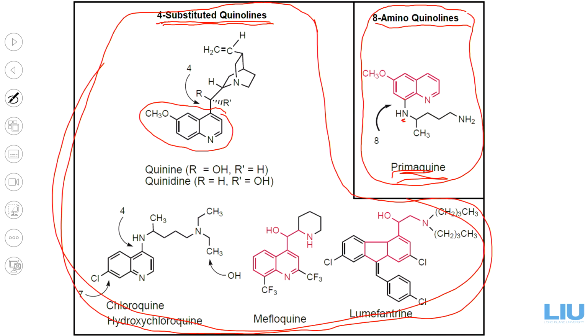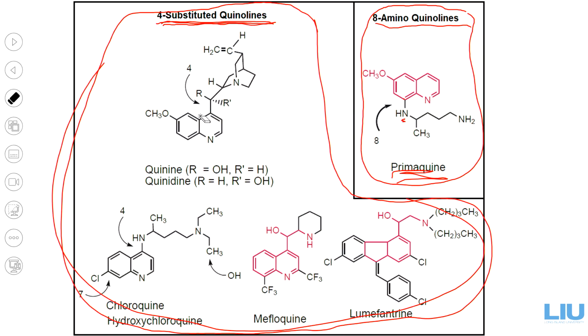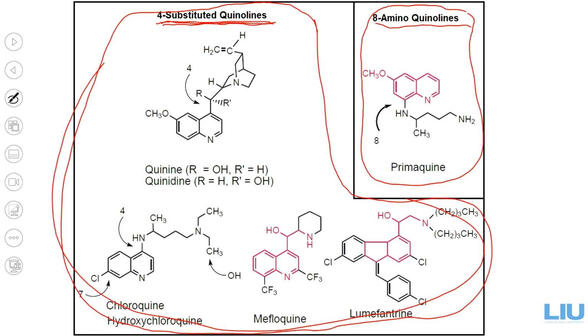Where did this come from? 4-substituted quinolones. Let me erase that. If you start with the nitrogen and count 1, 2, 3, 4, that's where the 4 substitution comes from.